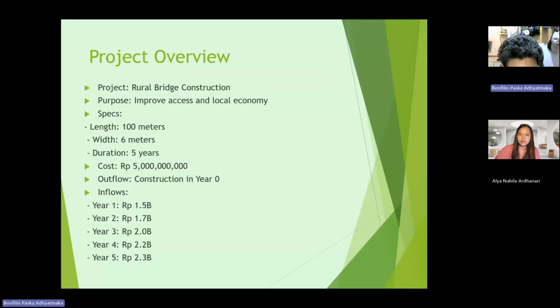These inflows represent indirect economic benefits such as increased trade, transportation efficiency, reduced travel time, and improved mobility for rural residents. Next.